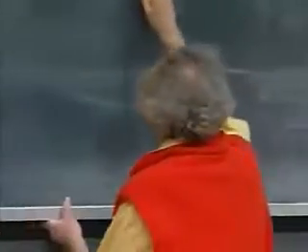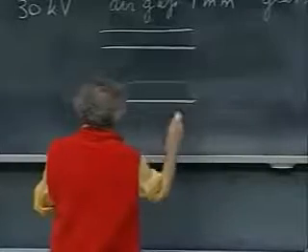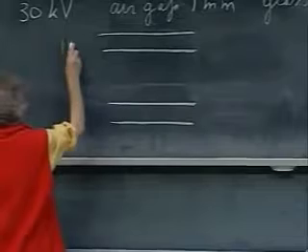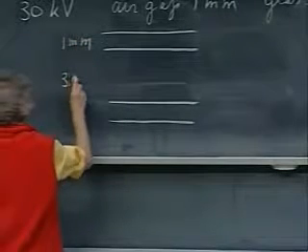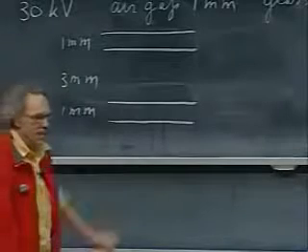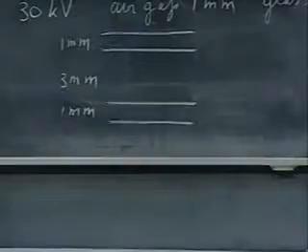So now I have here the conductor on the outside. This is the glass, and this is the conductor on the inside. So this is 1 millimeter thick, this is 3 millimeters thick, and this is 1 millimeter thick. And the potential difference over the whole thing is going to be 30 kilovolts.